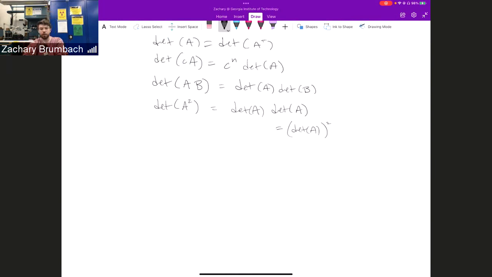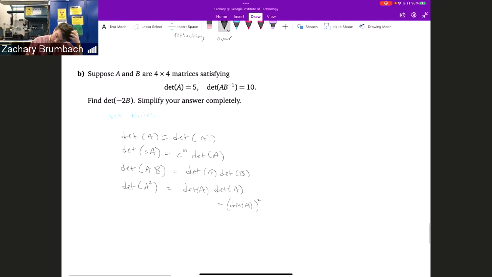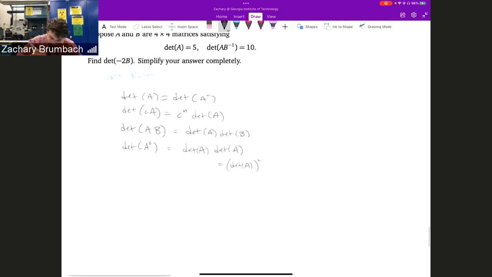It just kind of comes out. All right. Cool. I should say, the last one is the determinant of A inverse is 1 over the determinant of A. Okay? These are your determinant rules.